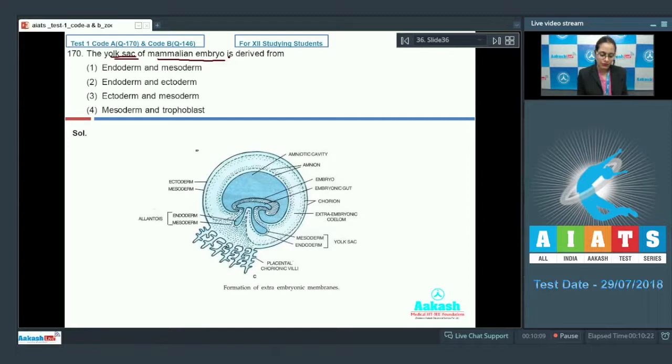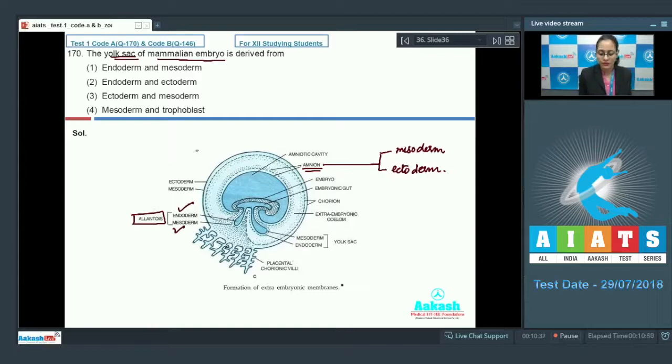Now from this diagram you can see that the first membrane, that is amnion, is internally lined by mesoderm and externally by ectoderm. The second extra embryonic membrane is allantois, which is lined by endoderm and mesoderm.